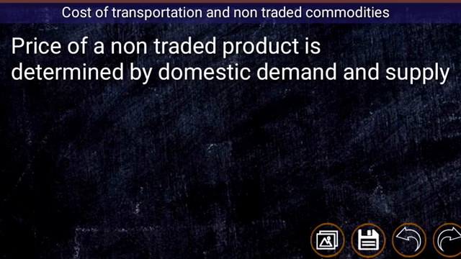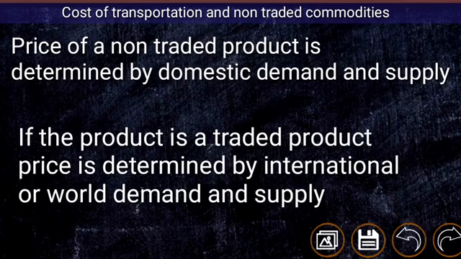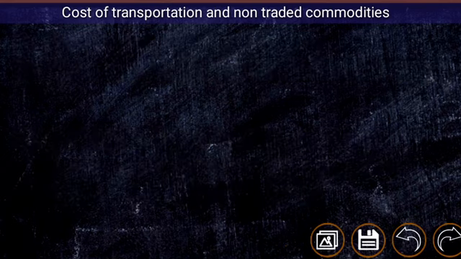If the product is a traded product, international or world demand and supply will determine the price of traded goods. Thus, we have classified products into traded goods and non-traded goods. Non-traded goods are the goods which are not traded due to high transportation cost.